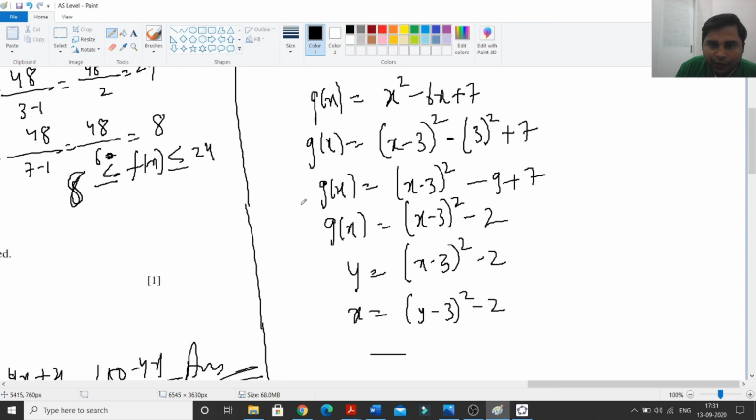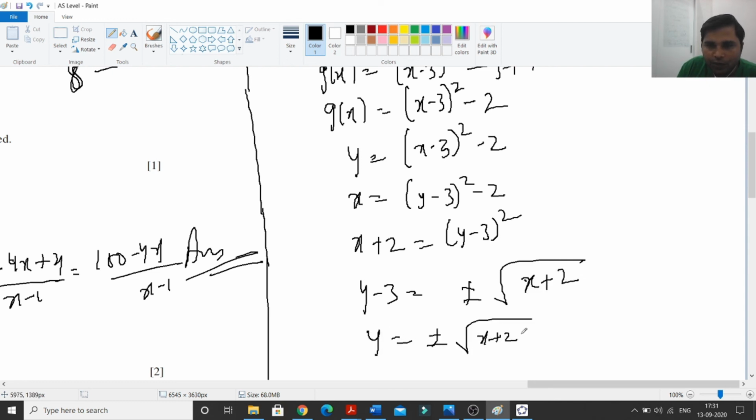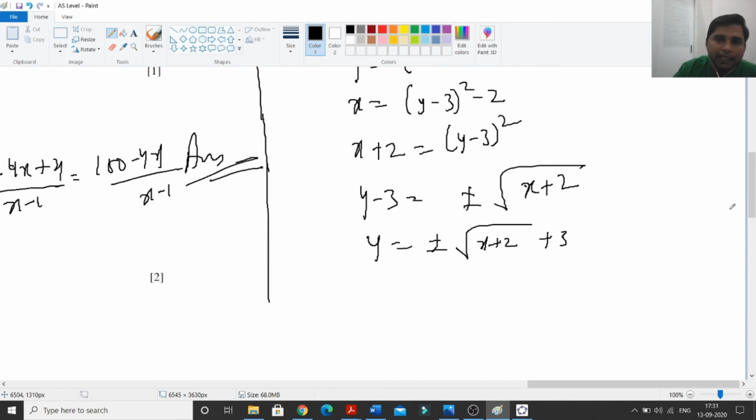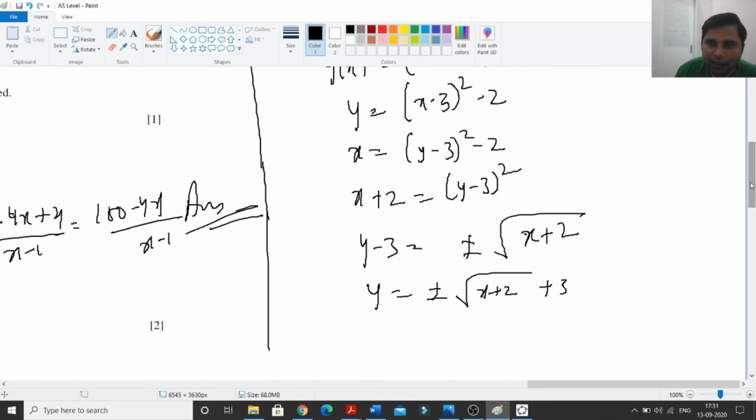So that will give you x plus 2 is equal to y minus 3 whole squared, which will give you y minus 3 is equal to plus minus square root of x plus 2, and y is equal to plus minus square root of x plus 2, plus 3, right? So now we can take either the plus sign or the minus sign. For that we will check the domain of the function.